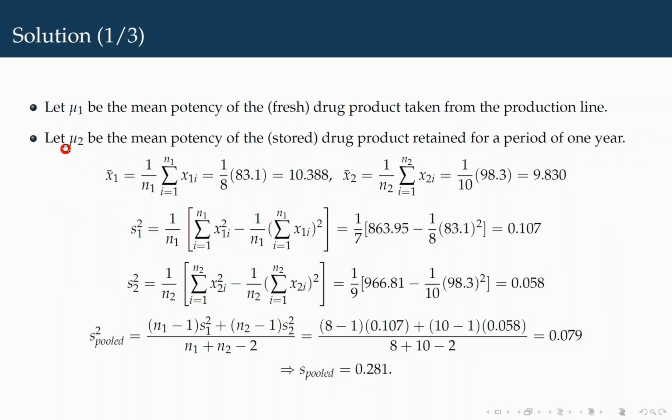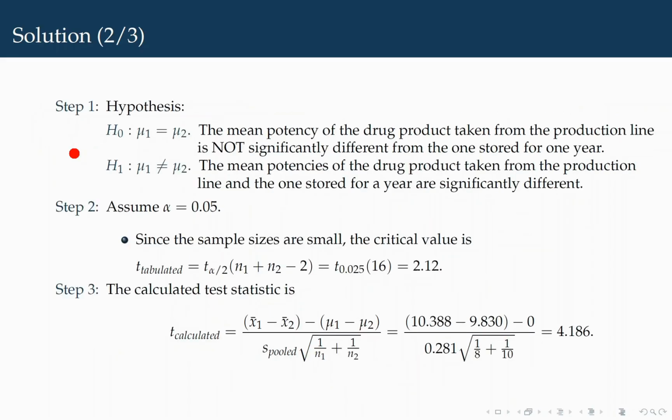So we already denoted mu1 as the mean potency of the fresh drug product and mu2 as the mean potency of the stored drug product. So the null hypothesis is mu1 equals mu2, which means the mean potency of the drug product taken from the production line is not significantly different from the one that is stored for a period of 1 year.